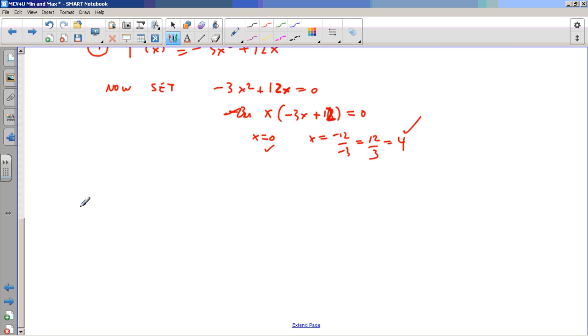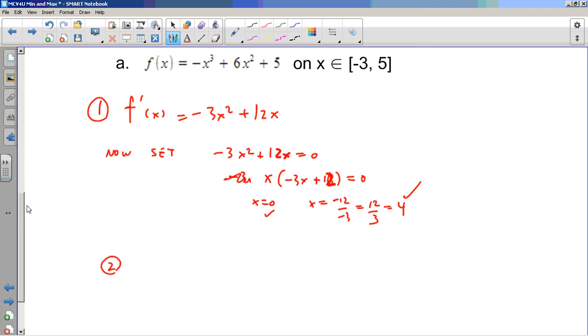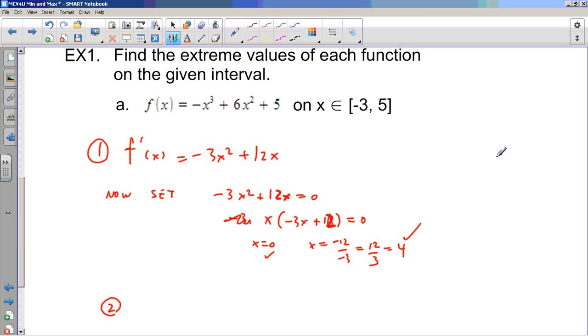And then it says check the endpoints. Well, okay. These are kind of like my table of possible candidates for absolute maximum and minimum. So I have 0 and 4, and I want to calculate those values. I put in 0 in here, and I get 5 out.